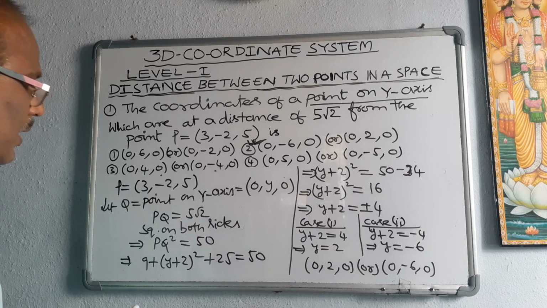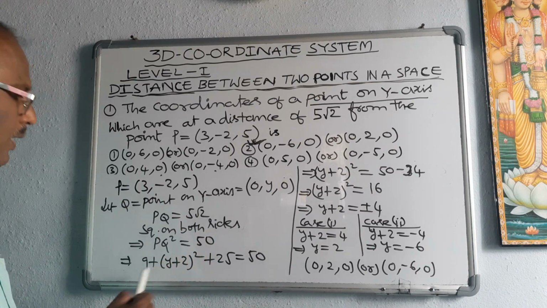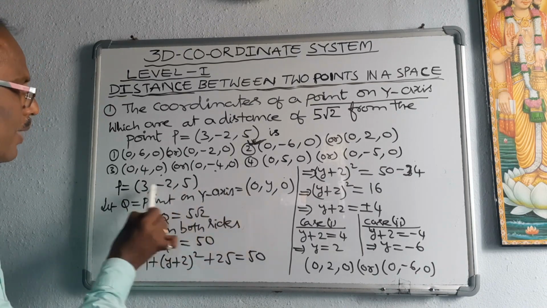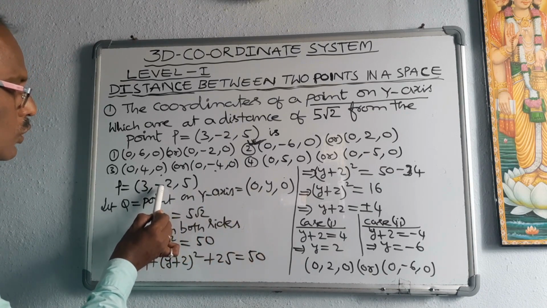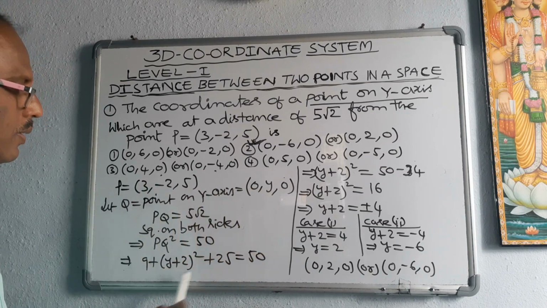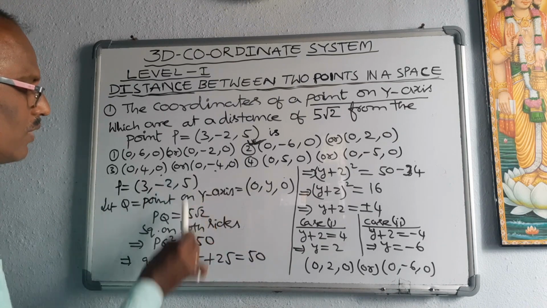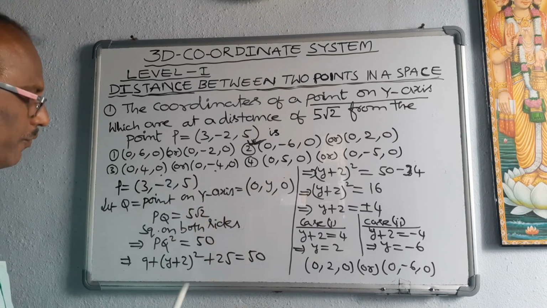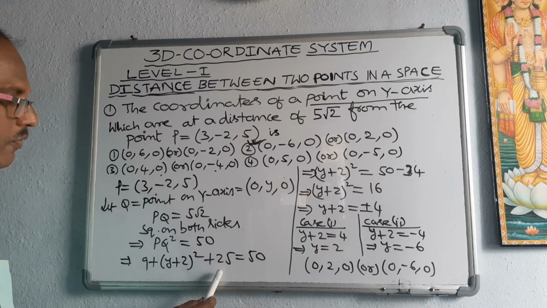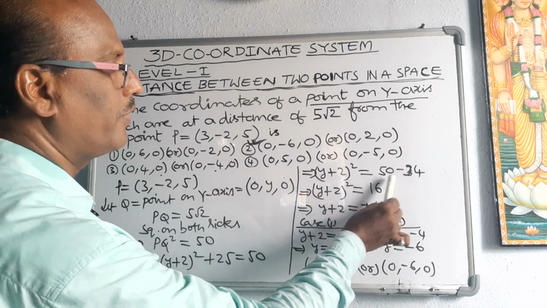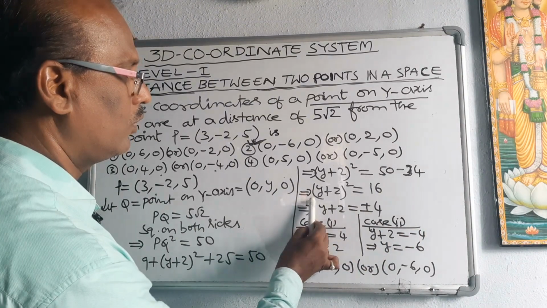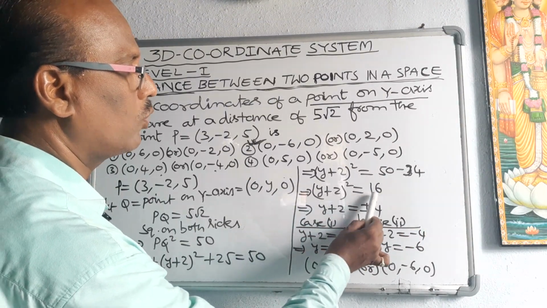Applying the distance formula, the root is cancelled. (0 minus 3) whole square is 9, (y plus 2) whole square, plus (0 minus 5) whole square is 25, equal to 50. 9 plus 25 is 34. (y plus 2) whole square equal to 50 minus 34, that is 16.